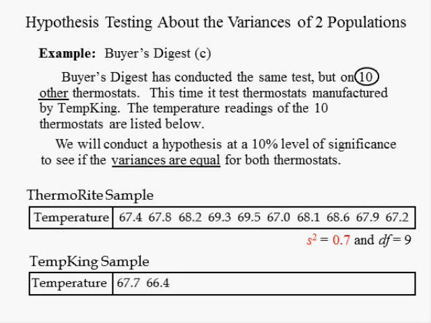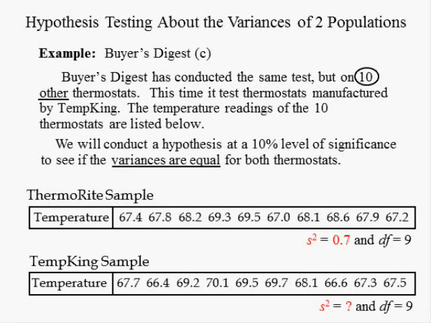The second thermostat picked at random kept the test room at 66 degrees Fahrenheit, even though it was set at 68. The third thermostat kept the test room at 69.2 degrees Fahrenheit, even though it was set at 68. The rest of the thermostats kept the room temperature between 66.6 and 70.1 degrees Fahrenheit.